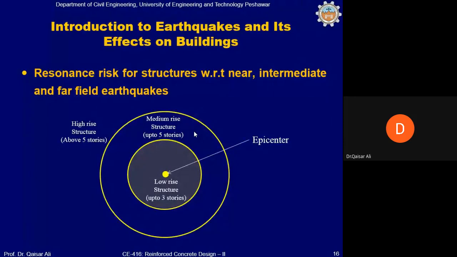The collapse will not occur immediately, but resonance will keep on increasing the amplitude or displacement of the bridge. When this displacement reaches a level where the capacity of the bridge is exceeded, the bridge will collapse.